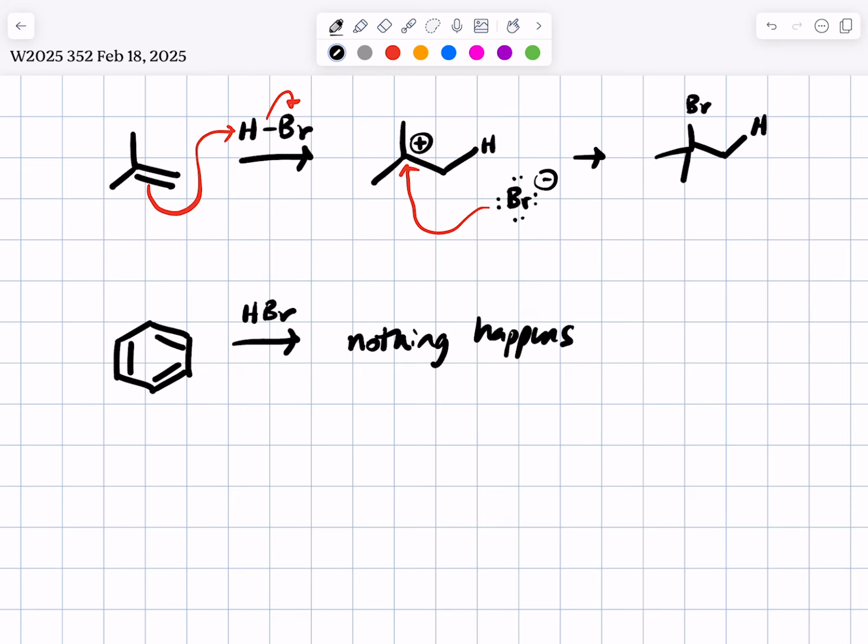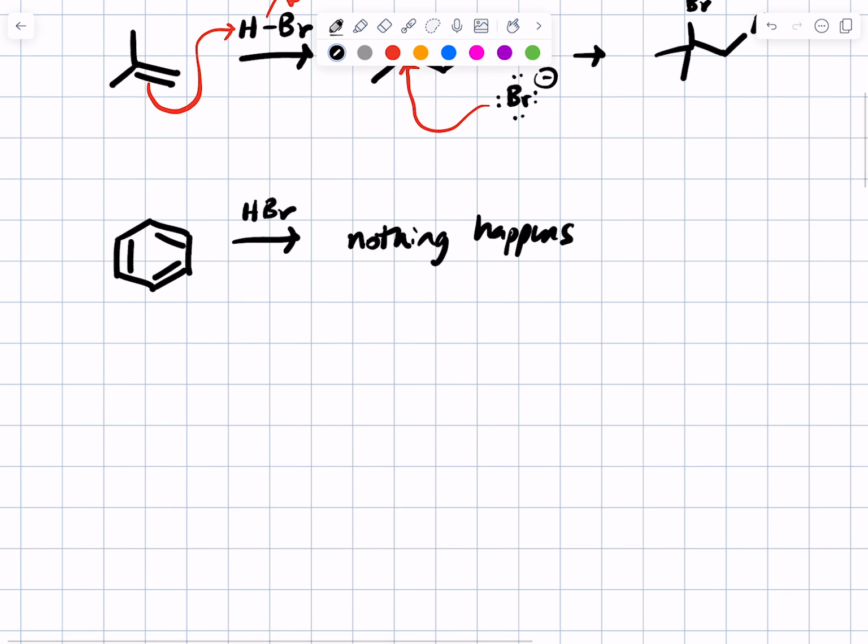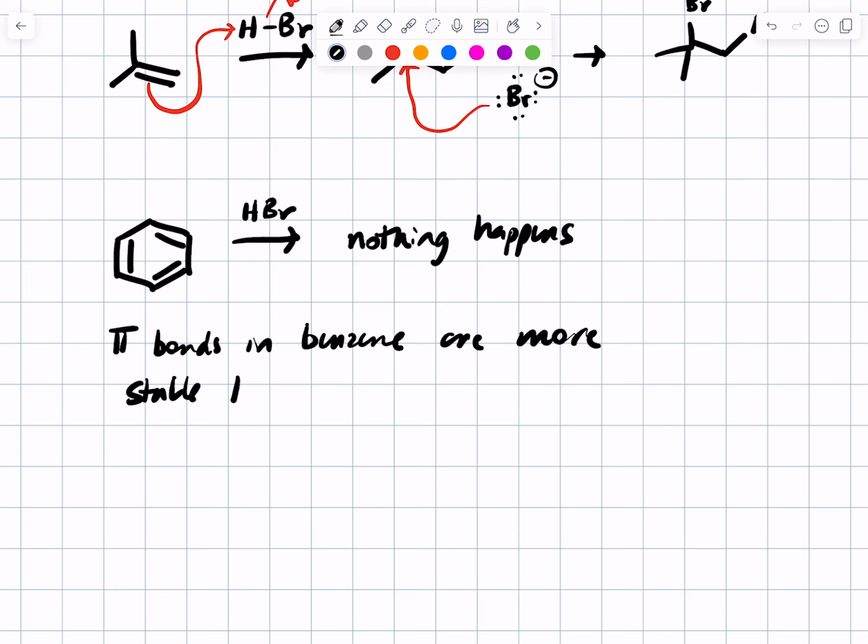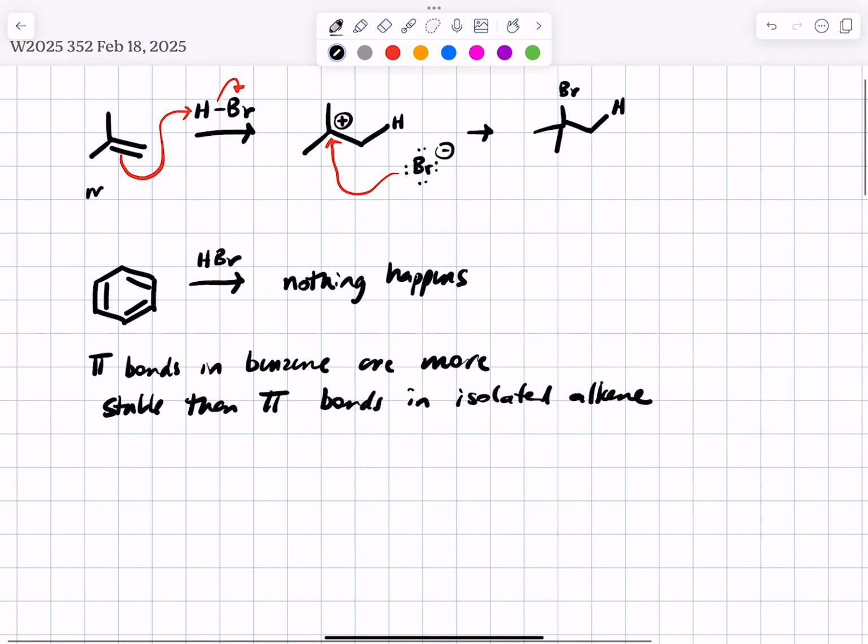And that's going to lead us to the conclusion that the pi bonds in benzene are more stable than the pi bonds in an isolated alkene. In other words, the alkene is more reactive than benzene. And the question is why?